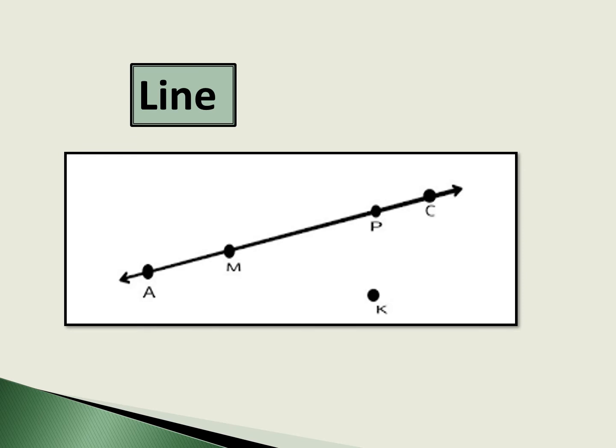The next geometric term about which we are going to talk is a line. A line is a collection of points going endlessly in both directions along a straight path, as you can see in the figure over here.